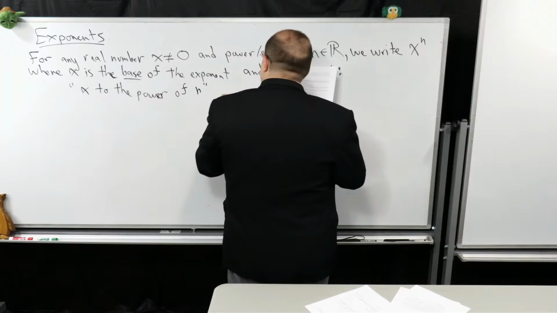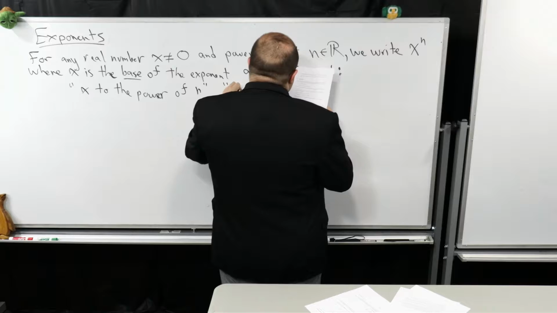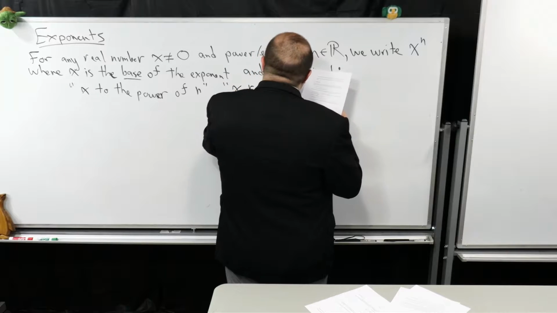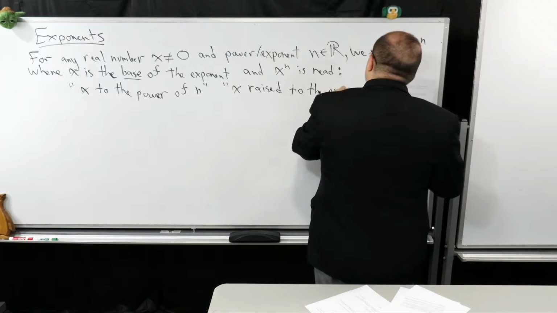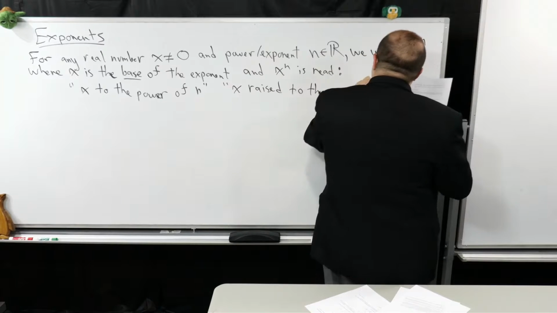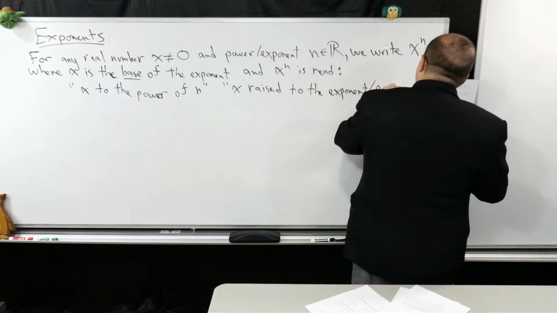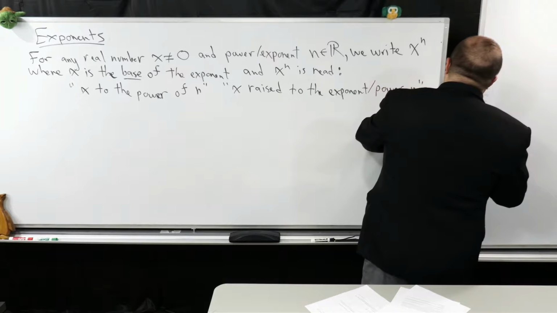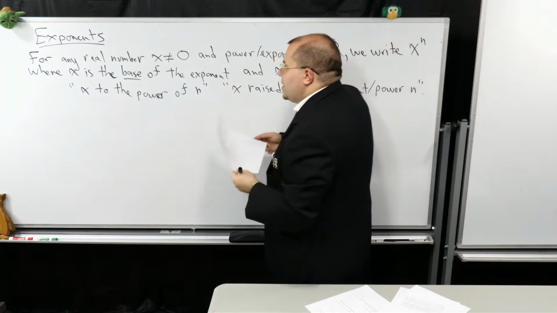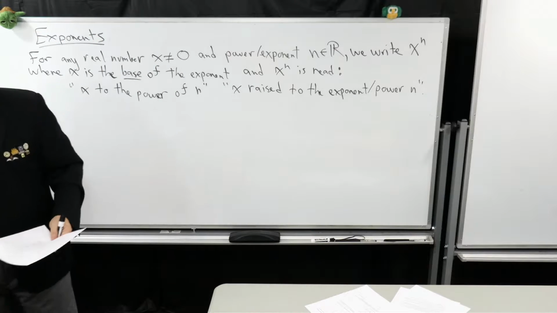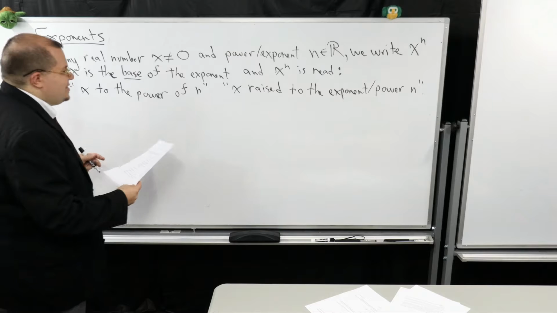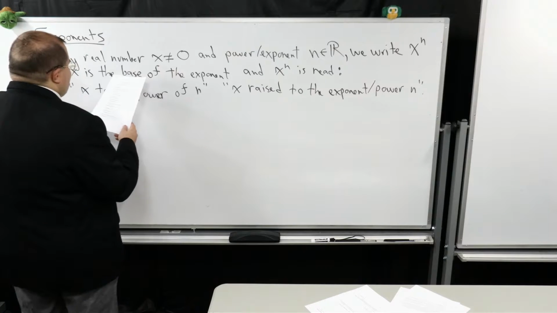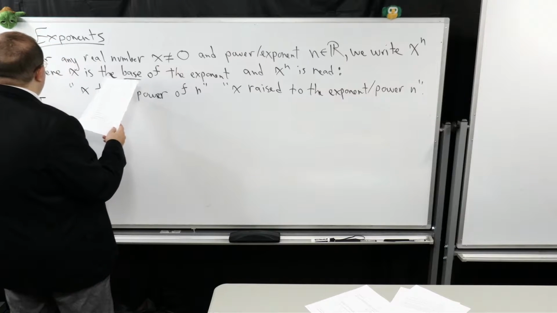You may also read this as x raised to the exponent or power n. Now, when you deal with general real numbers, at first it's kind of unintuitive what you do with them. I like to think of them in terms of integers, because that's often what you're going to encounter.